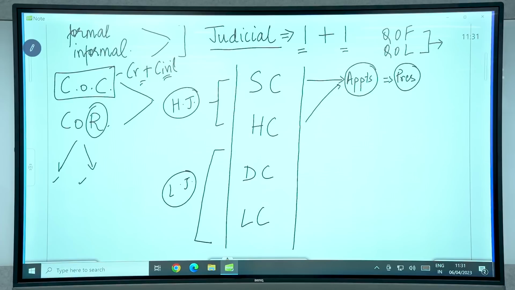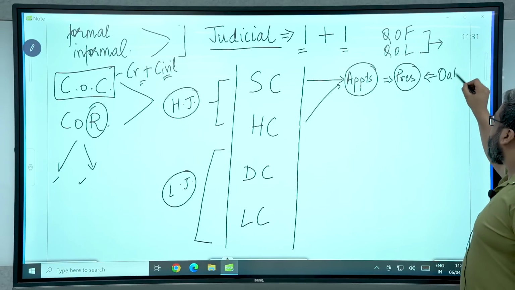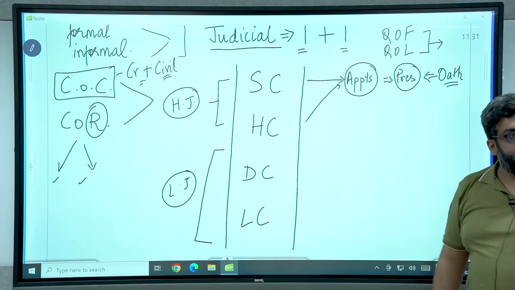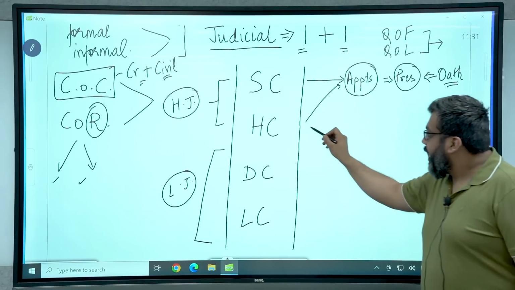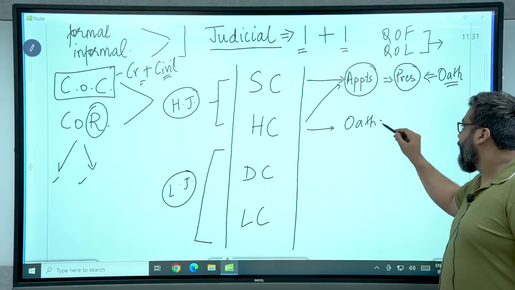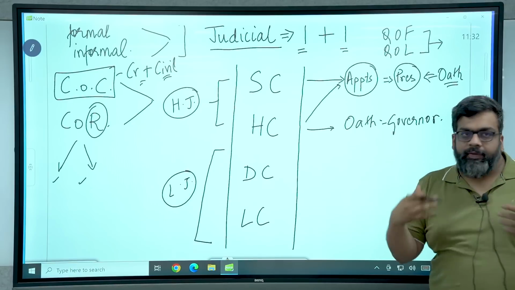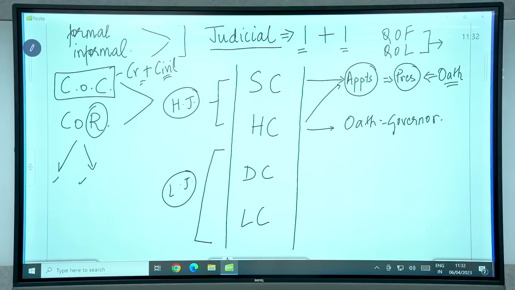As far as the Supreme Court is concerned, not only the appointment, but also the oath. As far as High Courts are concerned, the oath is given by the respective governor. Again, this is nothing but a way to save some time.